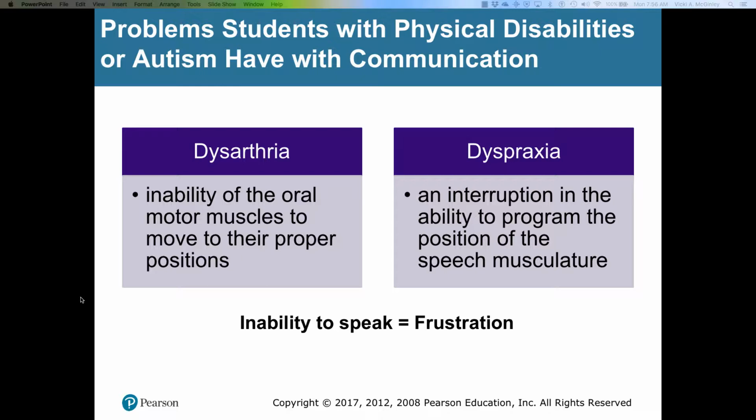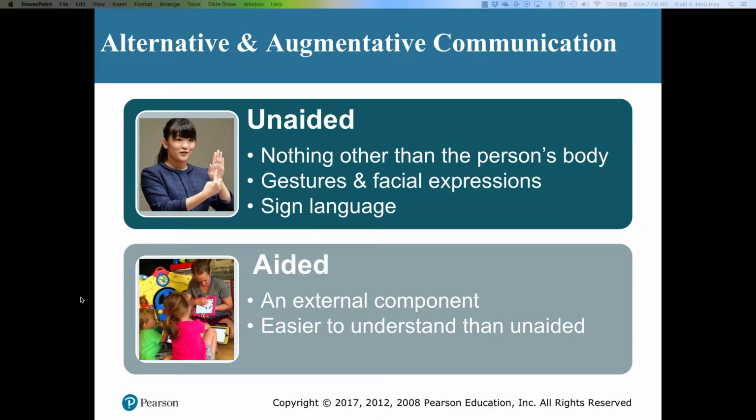Many children that we serve do not have the oral motor muscles, such as children with cerebral palsy, to essentially communicate. And dyspraxia means the speech musculature is delayed or affected or impacted in some way. In any event, children with physical disabilities may need support with communication.